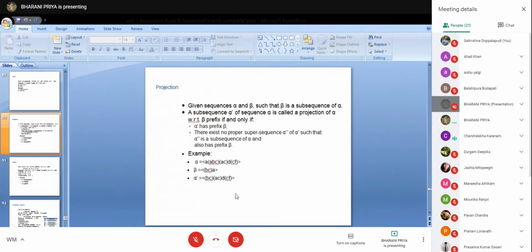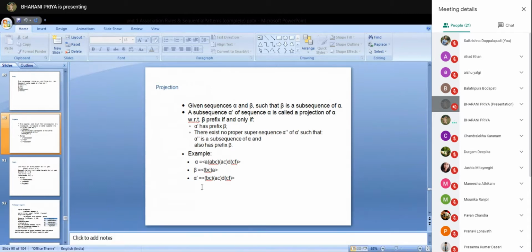Ma'am, can you repeat the projection part? Okay. Consider alpha as a supersequence and take two subsequences of alpha, beta and alpha dash, such that alpha dash has the prefix beta.